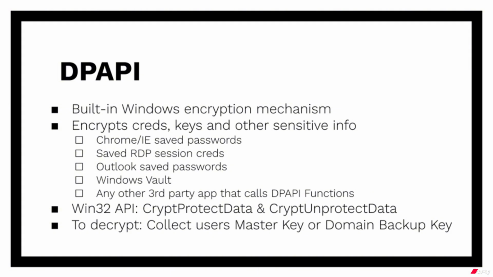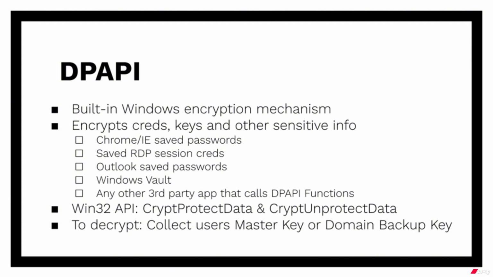The decryption process uses either a user's master key or the domain backup key. The master keys can be deciphered with the specific user's password, usually automatically with Mimikatz or other tools, as long as you're logged in and running Mimikatz as that user.